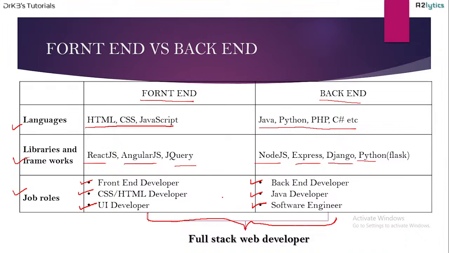So, in order to become a full stack web developer, you must know front-end languages, scripting languages, backend languages, also front-end frameworks and backend frameworks. You must know the DBMS skill: how to create a database, how to manage data, how to store the data, how to retrieve the data. Then and only then will you be called a full stack web developer.